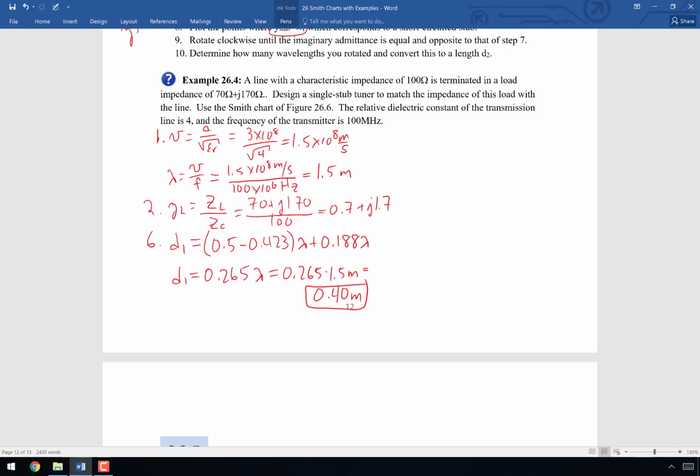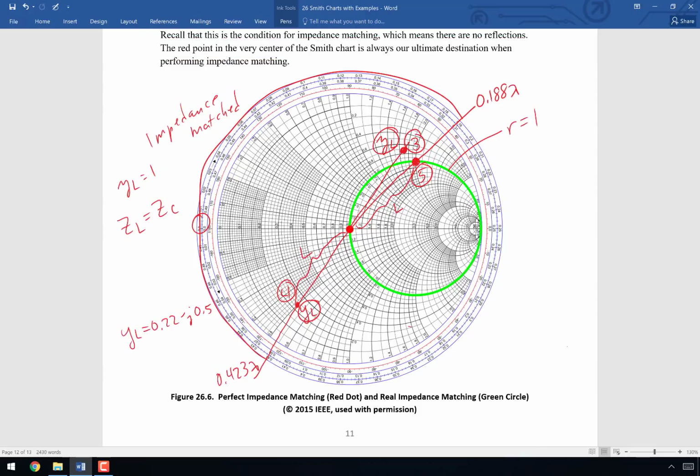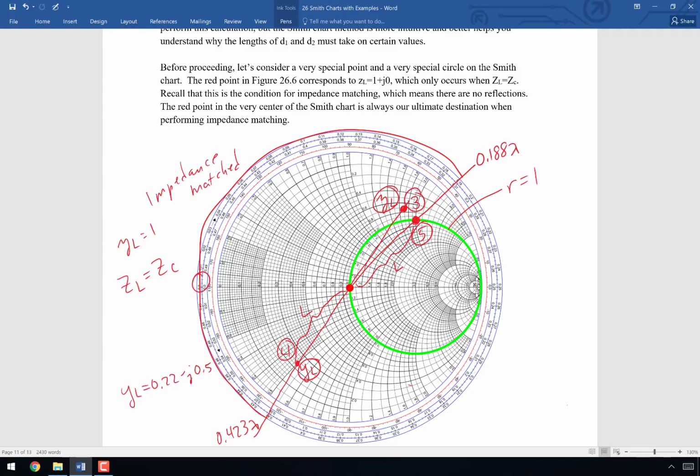Let me scroll back up again. I know that moving around the circle, this distance from here up to here was 0.5 minus 0.423. And then the additional distance that I went here, all the way around to there, is 0.188. So this is 0.188 lambda, and this is 0.5 minus 0.423 lambda.